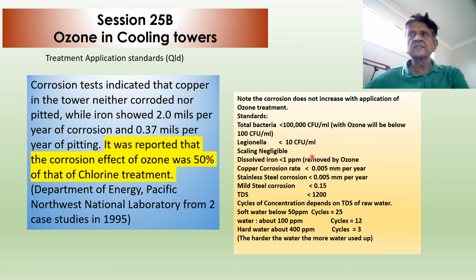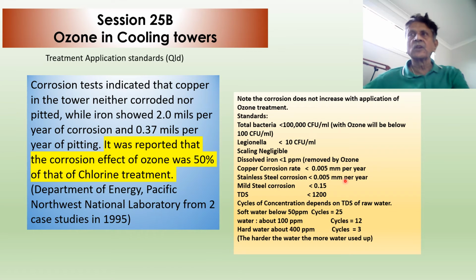Copper corrosion rate is below 0.005 millimeter per year. The steady state corrosion is below 0.005 millimeter per year. Mild scale corrosion is below 0.15 millimeter per year.